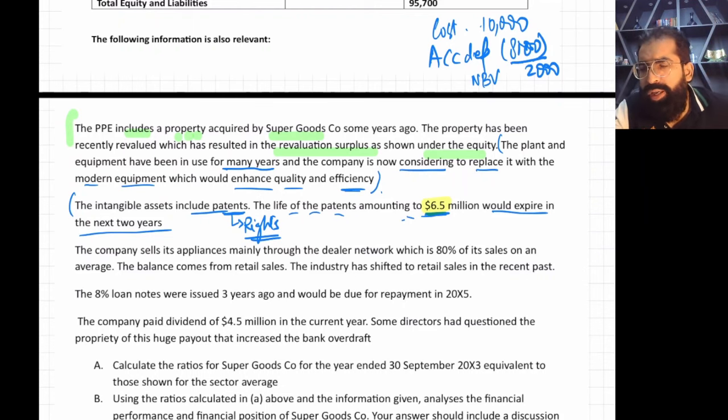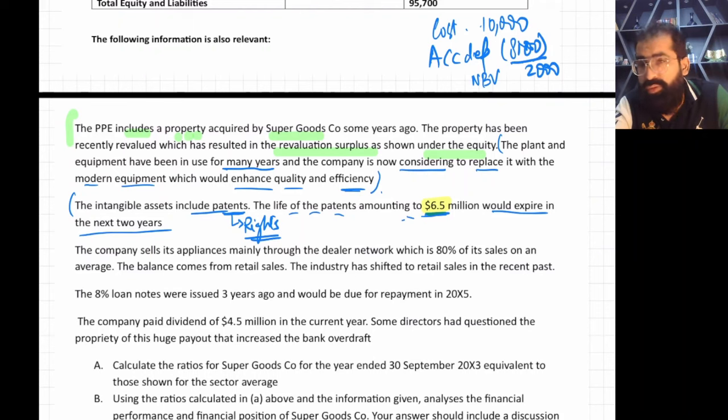So when you won't have any intangible assets or patents in future, that means the rights, how will you produce technological things? This is going to be a disaster for your business. And nothing is written in the question about new development costs, new plans, or new research and development projects which you are planning to start.